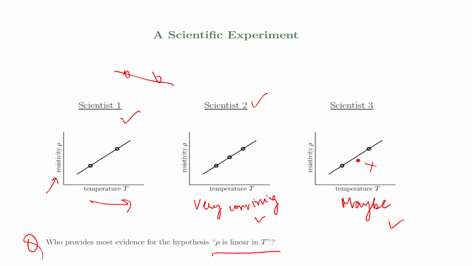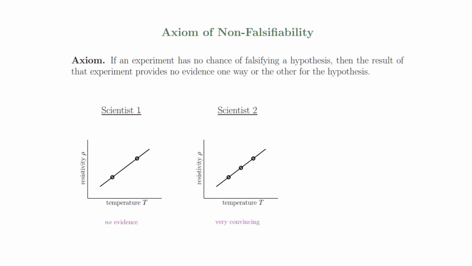Okay, so this experiment gives us an idea of something known as a fundamental axiom in learning theory, and that's stated here. This is known as the axiom of non-falsifiability. This is fundamental to machine learning. This is important for every experiment, every data that we have, whatever we are working with.